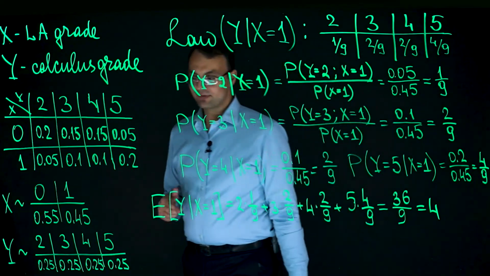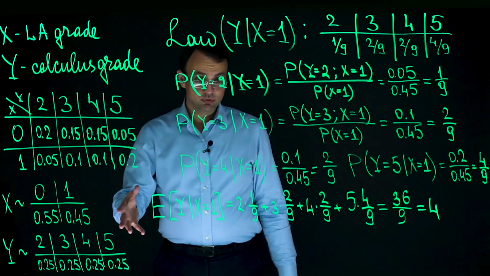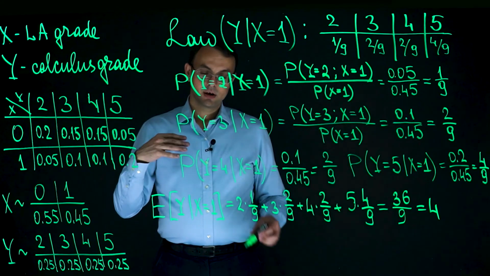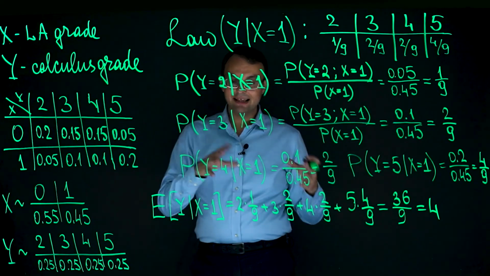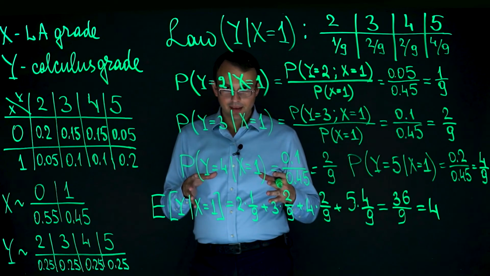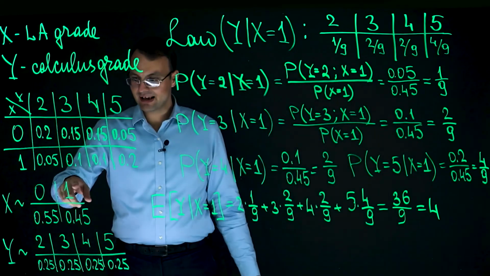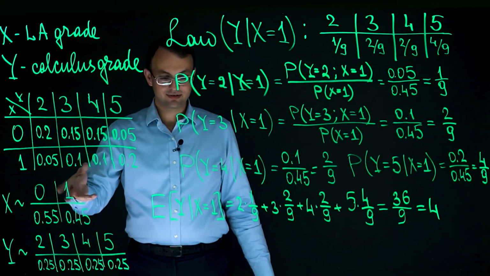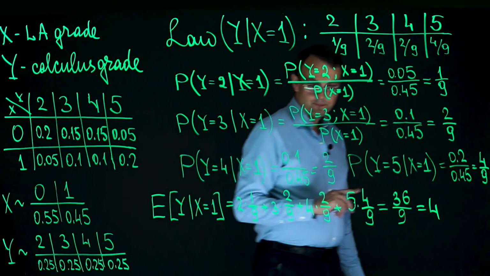And now we can also find the expected value of y given x is 0. And we can say that the expected value of y given x is a random variable, as it depends on the value of x, and the value of x is random. So let's do this.